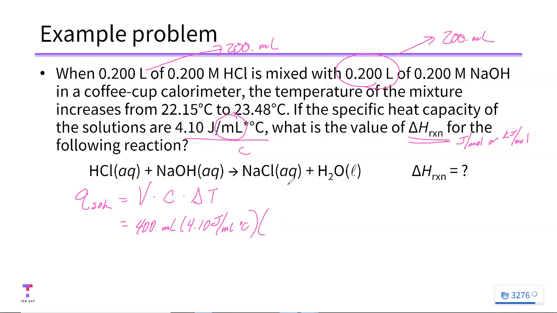And our delta T, final temperature 23.48 degrees Celsius, initial temperature 22.15 degrees Celsius. Subtract those two from each other. We get positive 1.33 degrees Celsius.